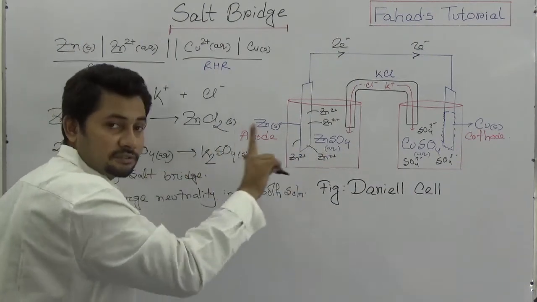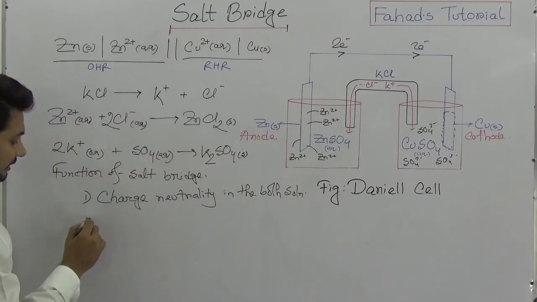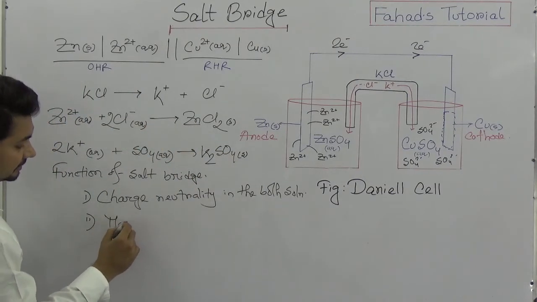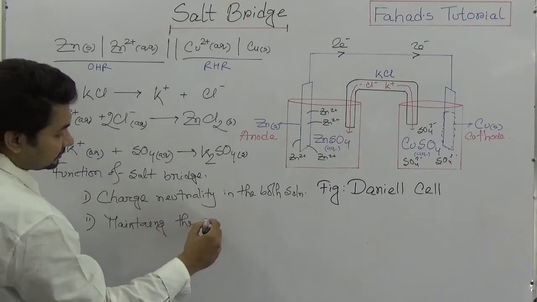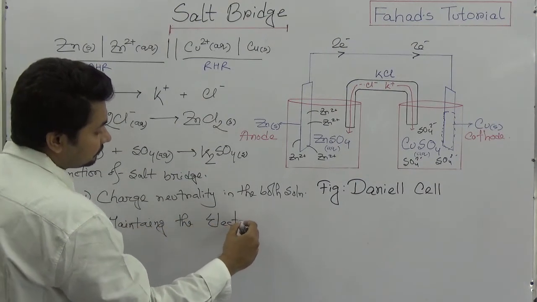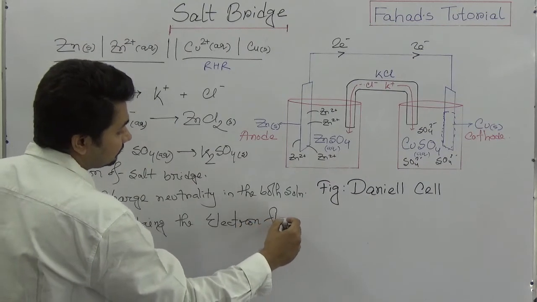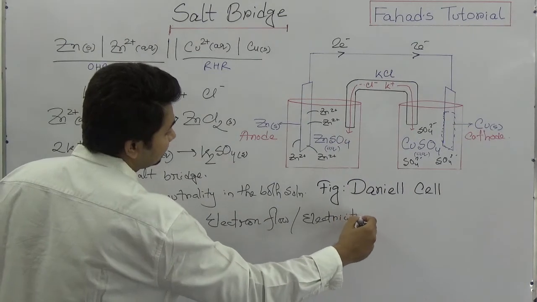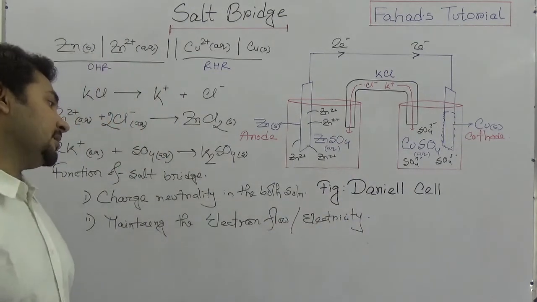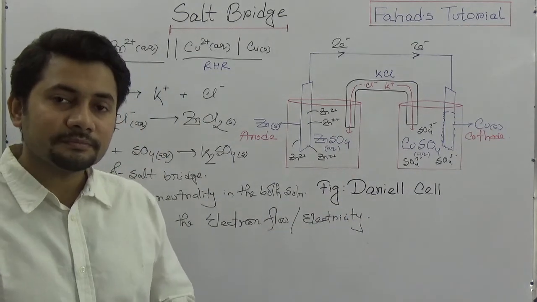So the charge neutrality is maintained, and number two is maintaining the electricity or the electron flow, that is electricity, because we know electricity is nothing but the flow of electrons.